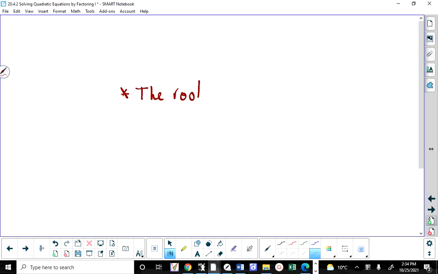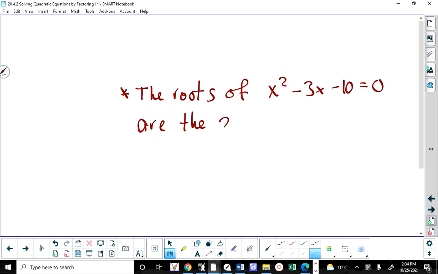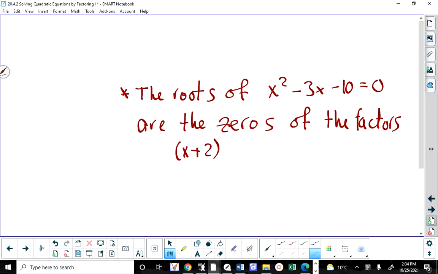The roots of x squared minus 3x minus 10 equals 0 are the zeros of the factors x plus 2, x minus 5. Wow, I better write it properly. Are the zeros of the factors x plus 2 and x minus 5.